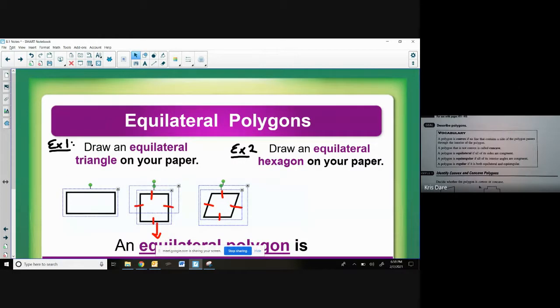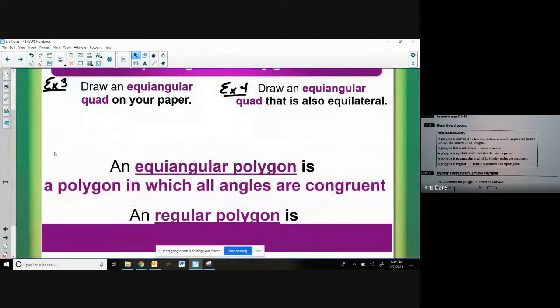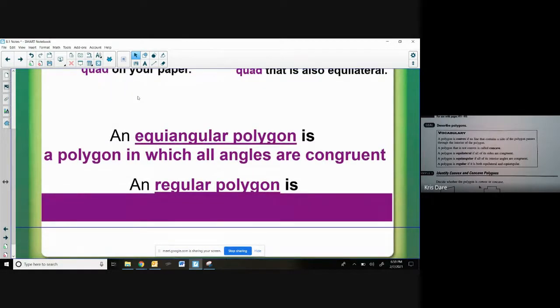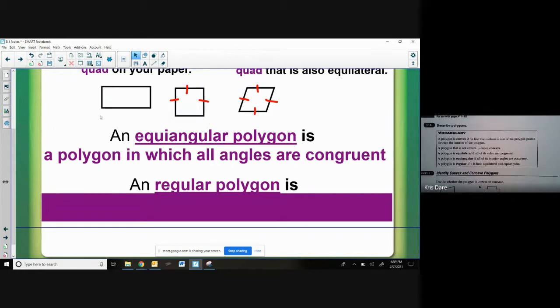I know you're like, I want to get that definition. Here you go. A polygon in which all the angles are congruent. There, okay. All right, let's take a look at these same shapes again, okay?